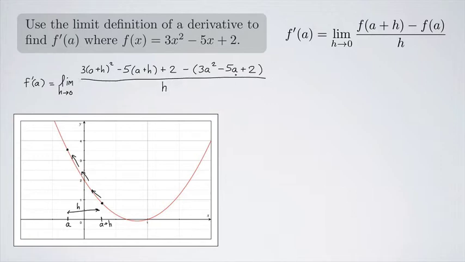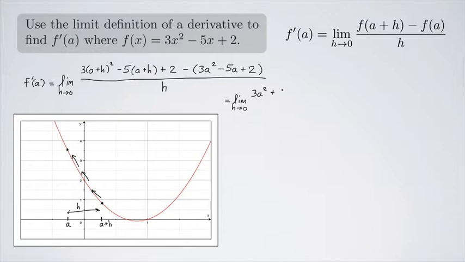Okay. So now I have to simplify this. So I'm going to do it over here, make sure I have enough room here. This is kind of a long expression. Limit as h approaches 0 of 3 times, and now I have a plus h squared. So I'm going to multiply that out. In fact, I'll multiply it all by the 3. So I get 3a squared, and then I'm going to have 2ah terms.